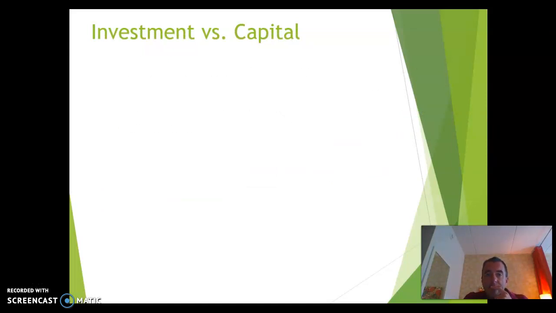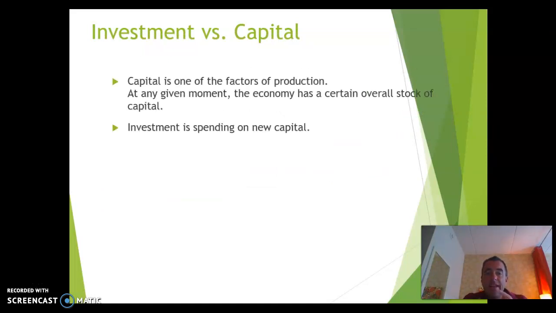And you'll notice that investment in capital. So capital is the factors of production. And we learned that 2 weeks ago with regard to one of the factors is gathering the capital used to make goods and services. Now, investment, that is spending on new capital, buying new machines and equipment that we think the economy will need.